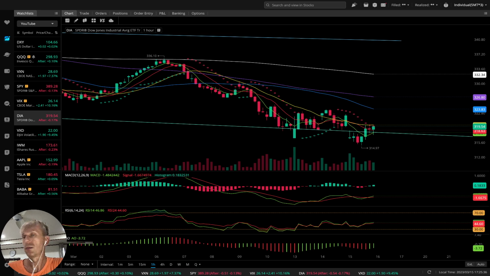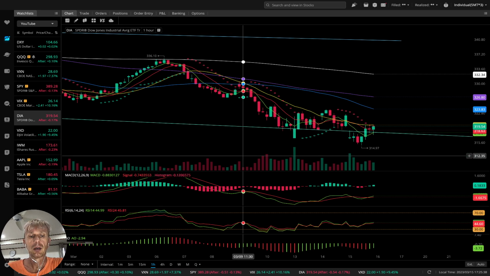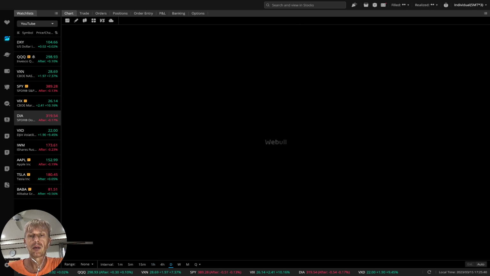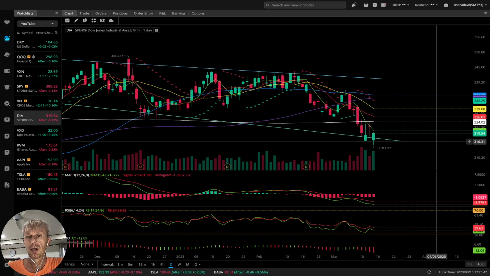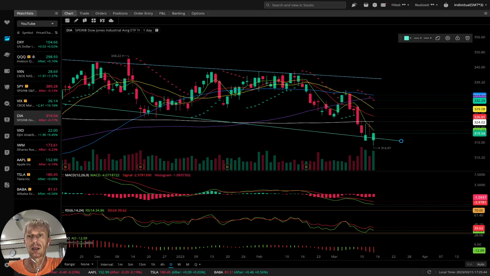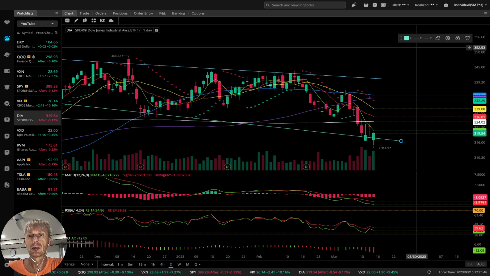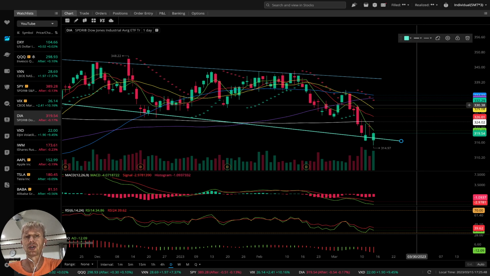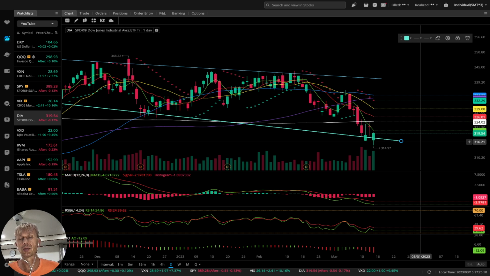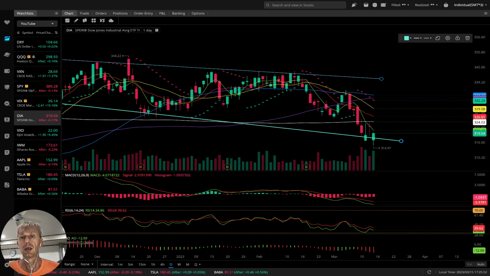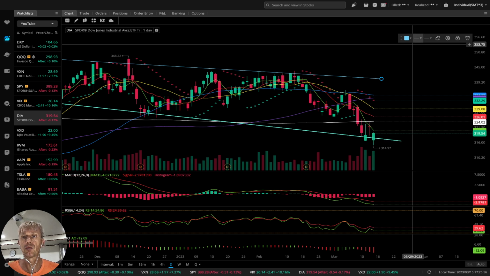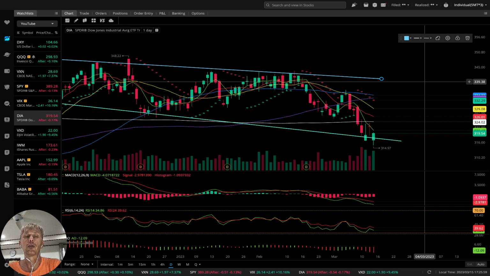Daily time frame, Dow Jones daily time frame. Let's start. This green line, like I mentioned to you already, is a major trend line that started a long time ago, 14 months ago. It's a lower trend line. This blue one is the upper trend line for Dow Jones.